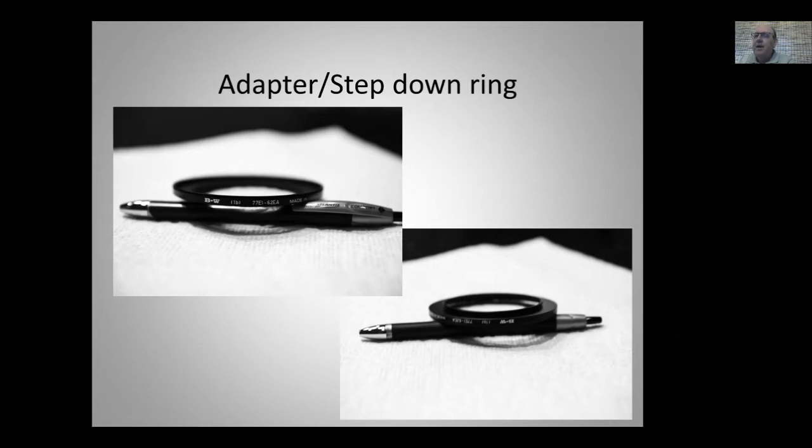And this particular adapter is a 77 to 62 millimeter adapter, which just means I could put this on a 62 millimeter lens, put on the adapter, and then put a filter on it that's a 77 millimeter filter.